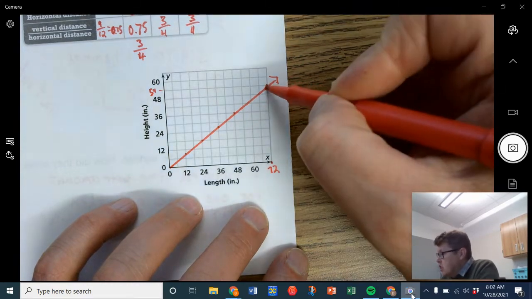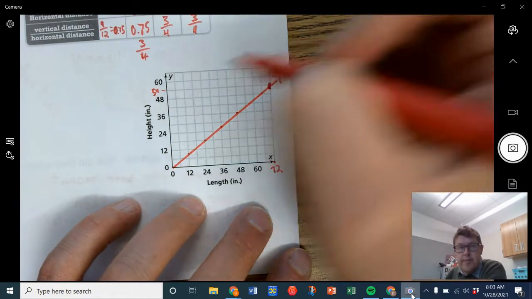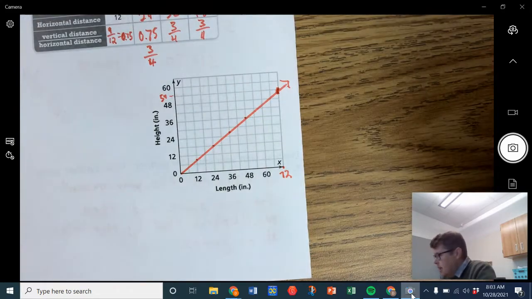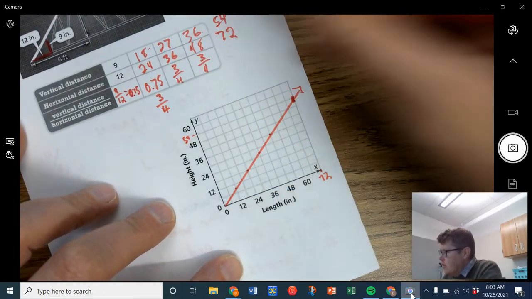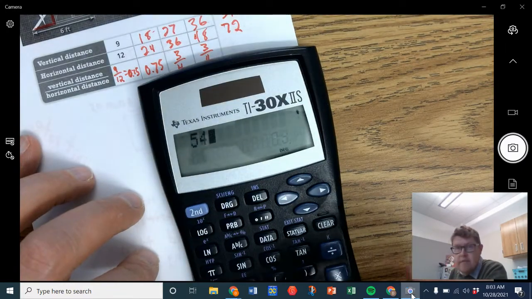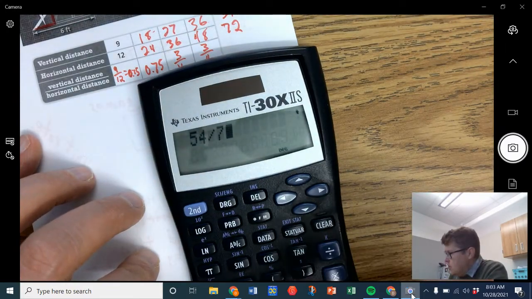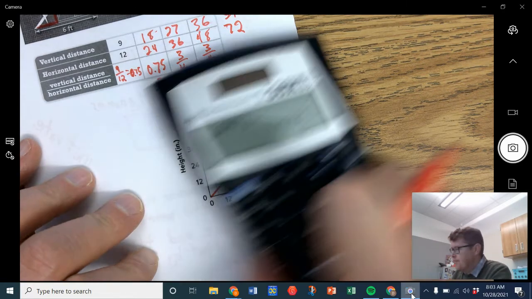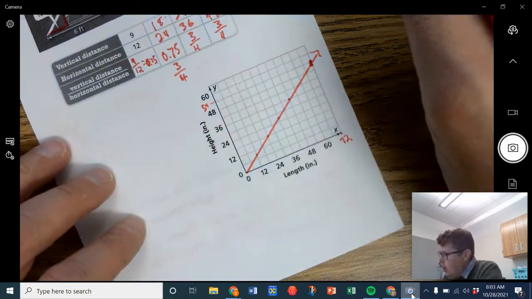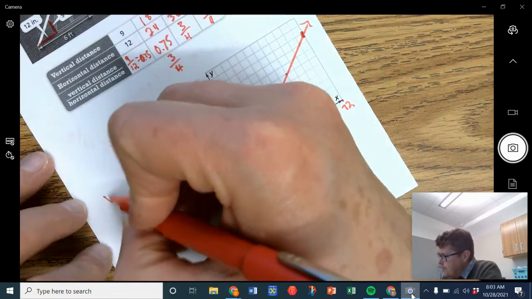My graph's a little off, because it should be directly on that point. So the vertical distance is 54 inches. To double check, 54 divided by 72 should get 0.75. Boom, we did.